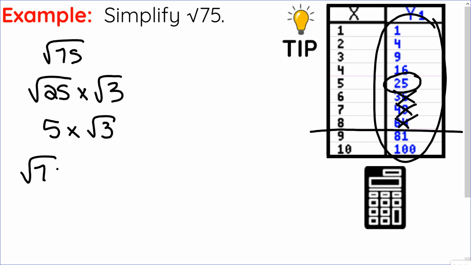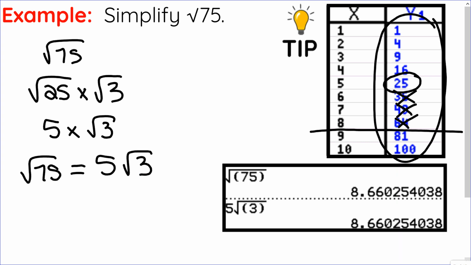So what that means is that root 75, in lowest terms, will be 5 root 3. Notice I got rid of the multiplication symbol. I don't need it anymore. I'll just write it as 5 root 3. Now I like to check that on the calculator, and I can see that root 75 and 5 root 3, they look different, but they have the same value, so I know I did that correctly.